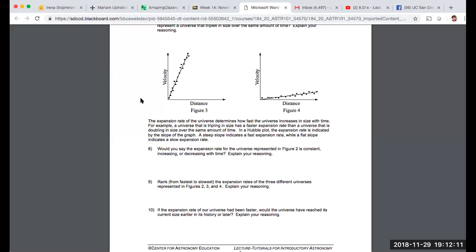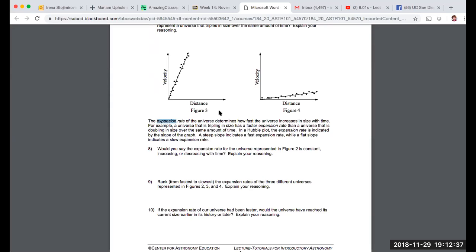So number 8 would be increasing with time. It's asking you what's the expansion rate, right? Is it constant, increasing or decreasing with time? And here it tells you that the expansion rate determines how fast the universe increases in size with time. And so this universe, they say, would have a faster expansion rate than a universe that is doubling in size over the same amount of time.